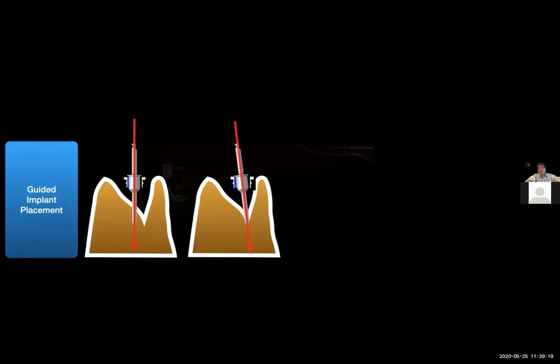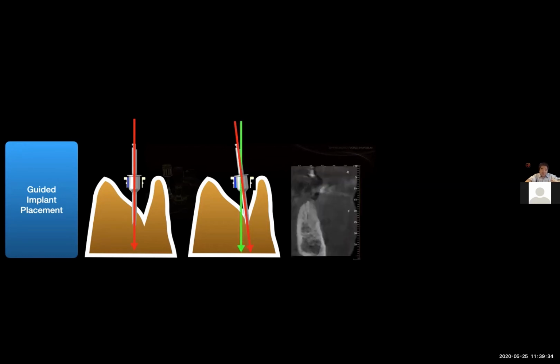So it always ended up like that, even though you are using the guide. When the guide moves on top of the tooth, it's very little, about 1 millimeter or 0.5 millimeters. So if you don't pay attention to it, you cannot recognize it. So you have to keep that in mind.